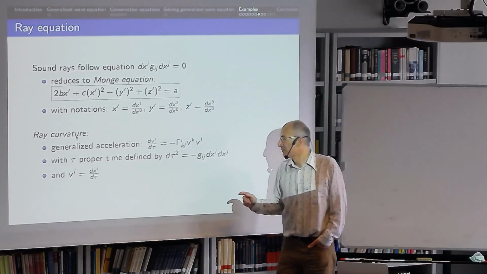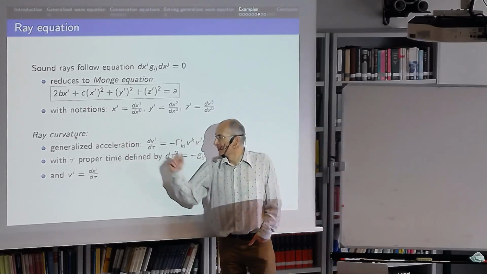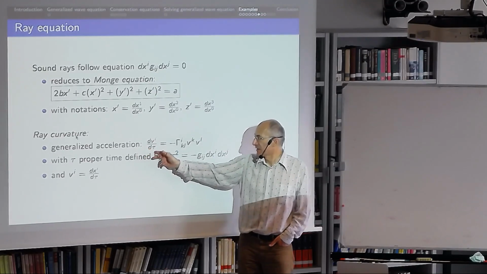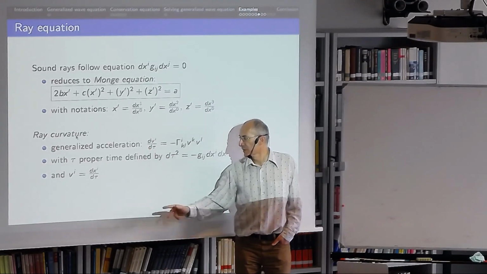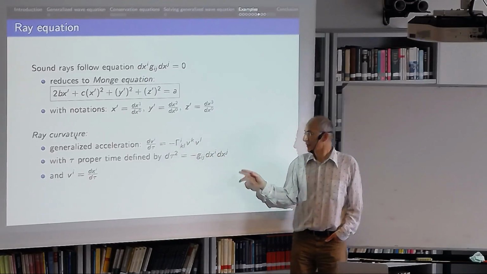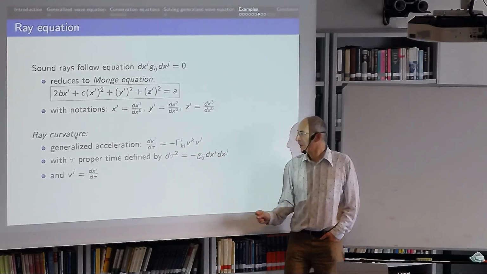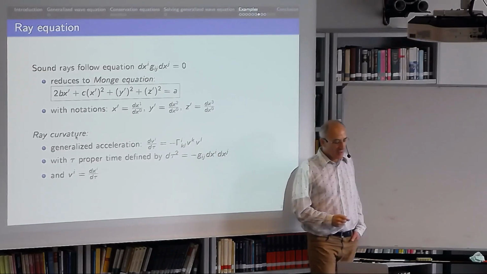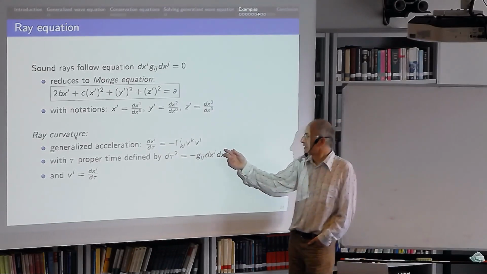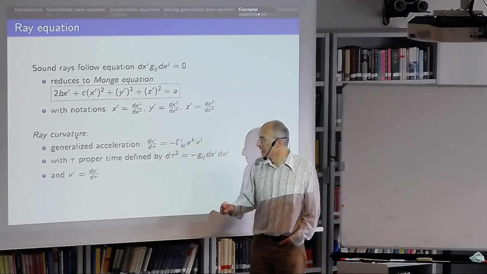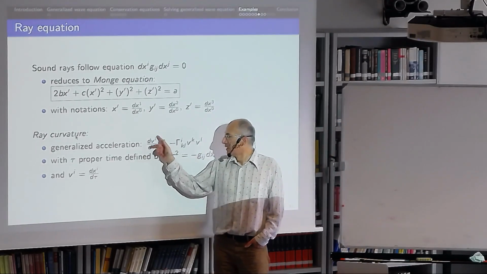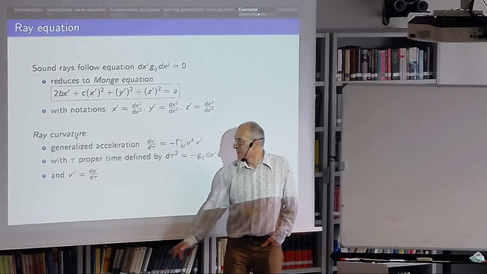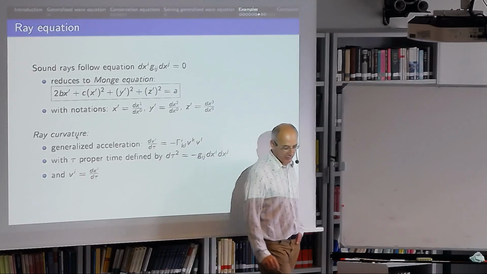So the best way is to go through the generalized acceleration, introducing the proper time, which is just the negative part of the metric elements g_ij. So this is just using the inverse metric elements, and then we use v^i, the generalized velocity with respect to the proper time.